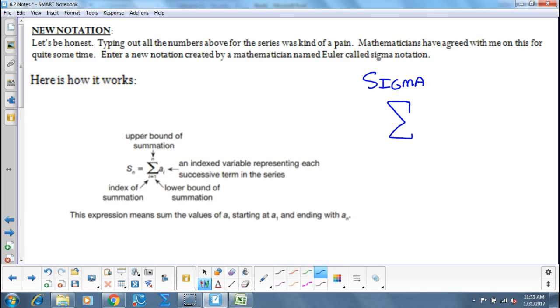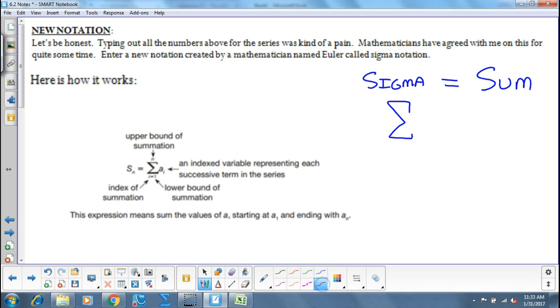And what it means is you're finding the sum. That's what sigma notation means. Now, there's 1, 2, 3, 4 parts that go around the sigma that we're going to explain right now.